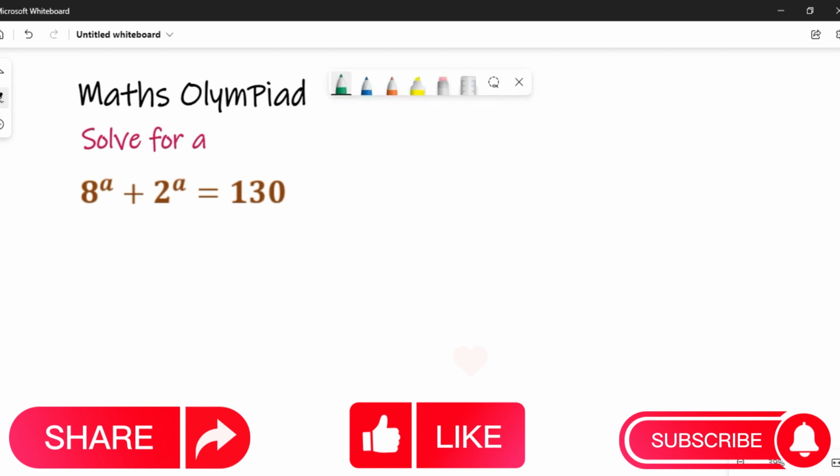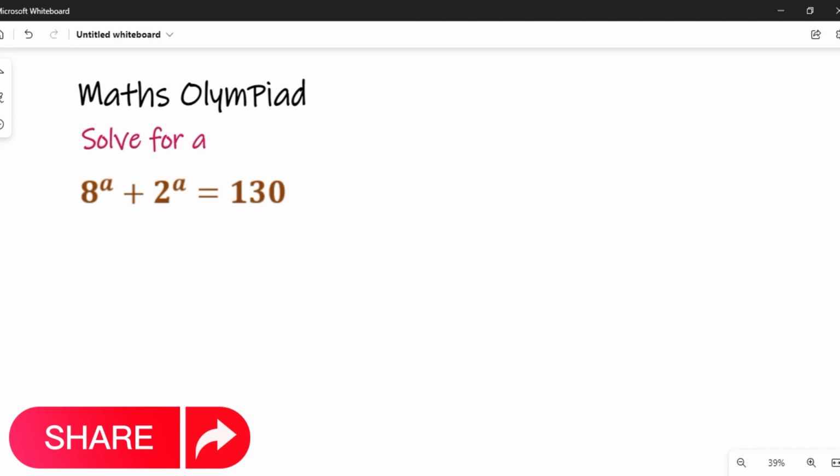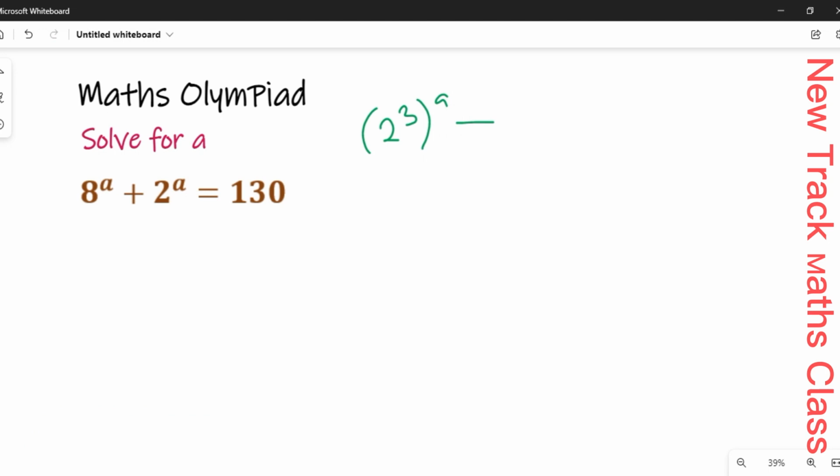To solve this question, we are going to look at how we will simplify the parameters that are given. In this equation, we'll find out that our 8 can be equal to 2 raised to power 3, so 8 raised to power a plus 2 raised to power a will be equal to 130.